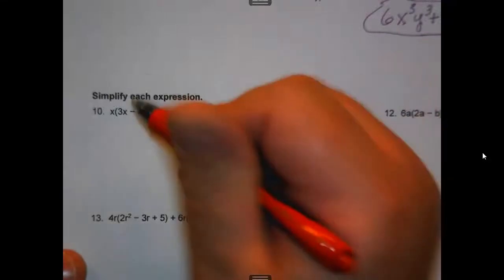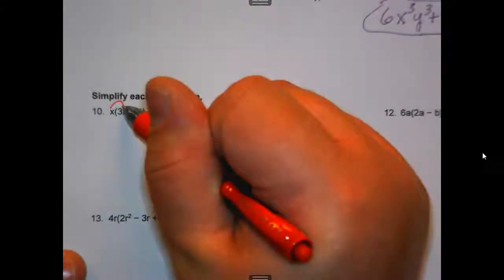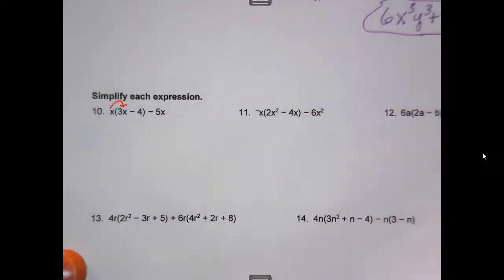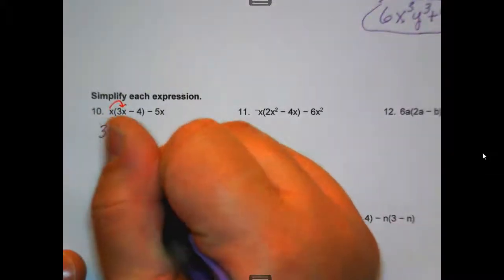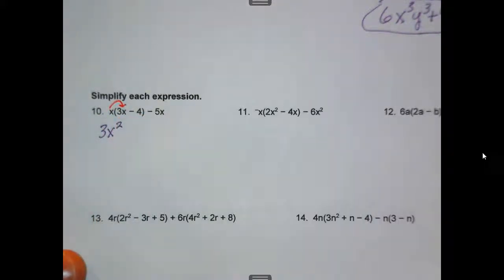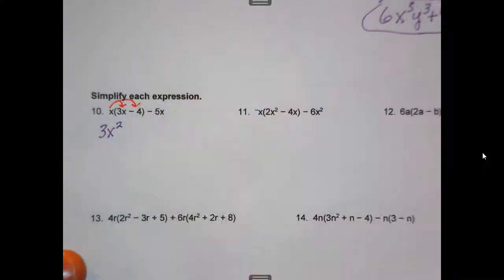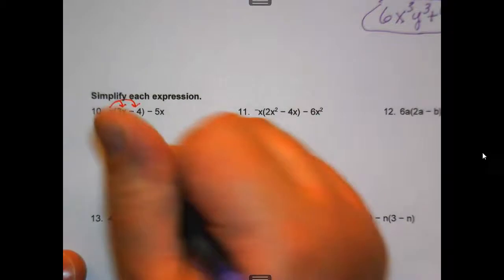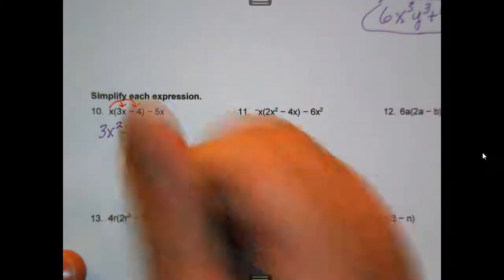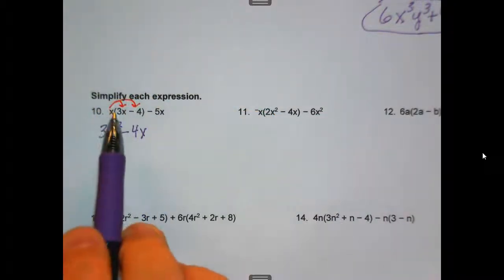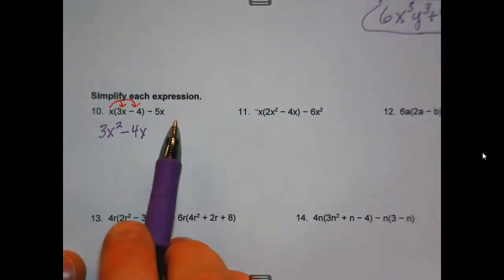Distribute the x times 3x squared, x times negative 4, negative 4x. Now, don't distribute the x to the negative 5x because negative 5x is outside the parentheses, right?